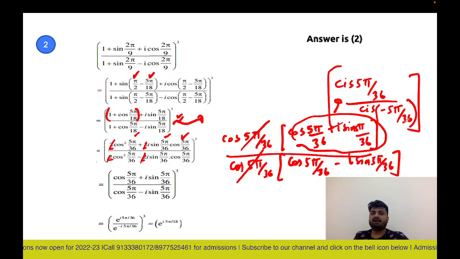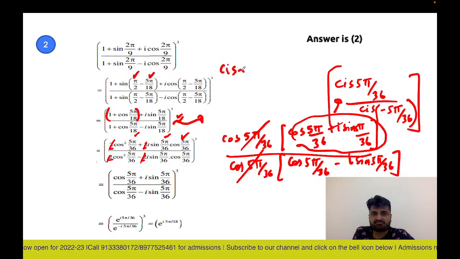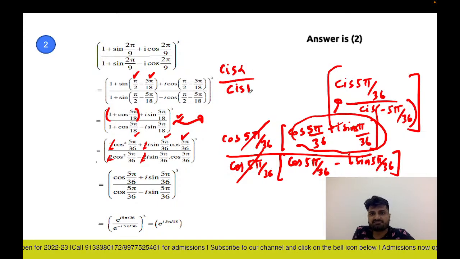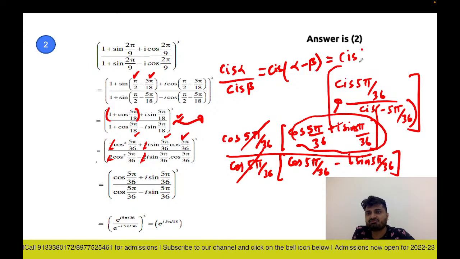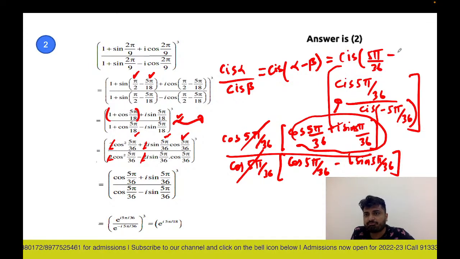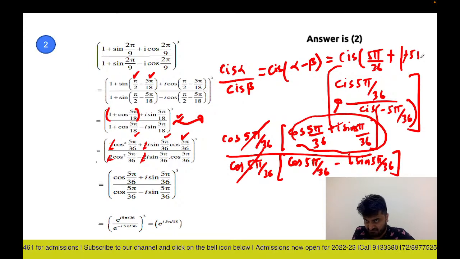So one formula you have actually, if you have cis alpha by cis beta, you can write it as cis of alpha minus beta. So in this case, it will be cis of 5 pi by 36 minus of minus, so it will be plus 5 pi by 36.